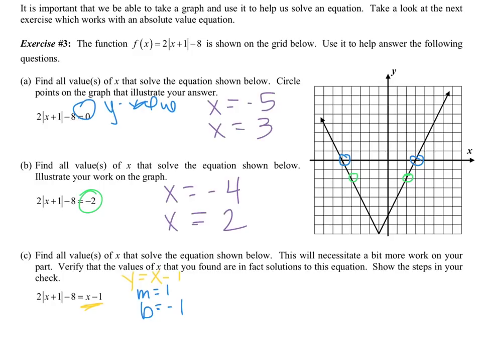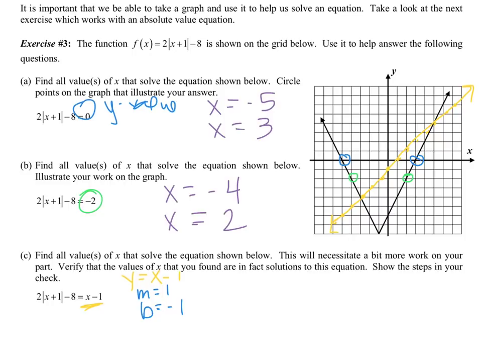So we start at negative 1 because that's my b, and my slope is up 1 over 1. Because we already have the v graph, sorry, I was interrupted. So the 2 times absolute value of x plus 1 minus 8 is already the v equation.